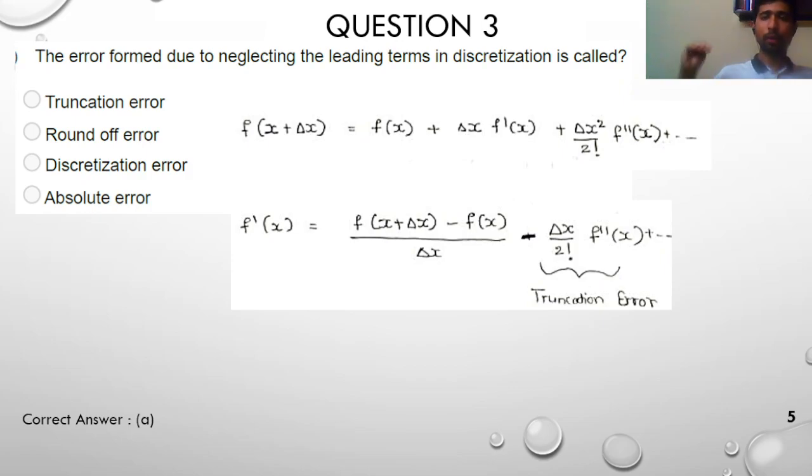When you try to approximate that equation, there is also a different discretization error. It's not only with respect to truncation error. So the discretization error is altogether one combined error. I hope it is clear.